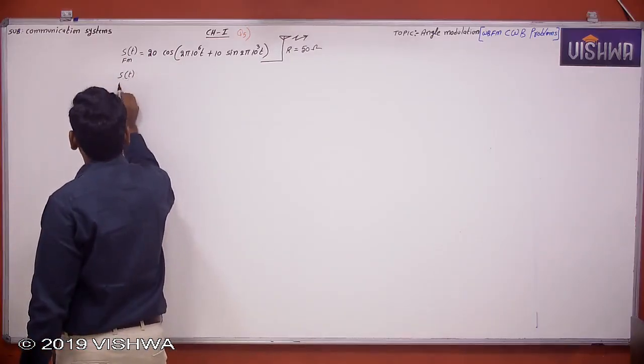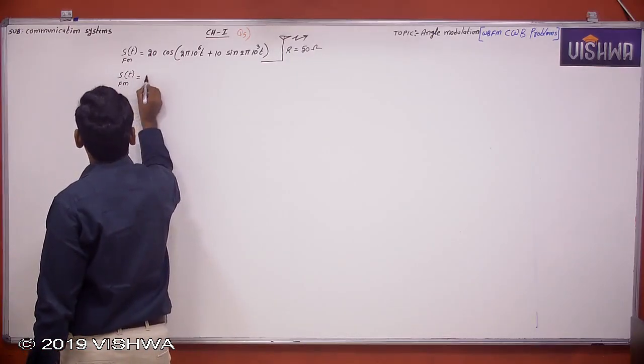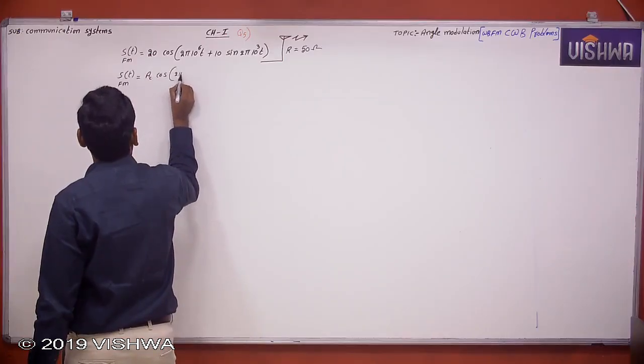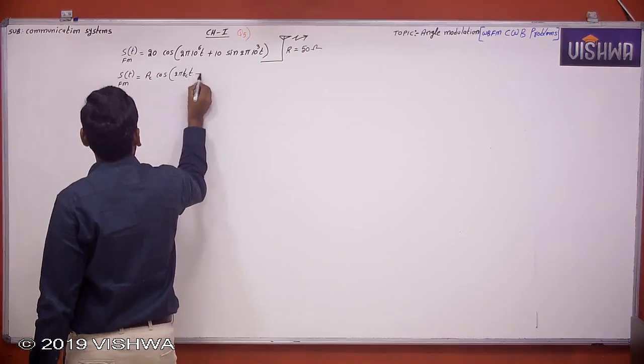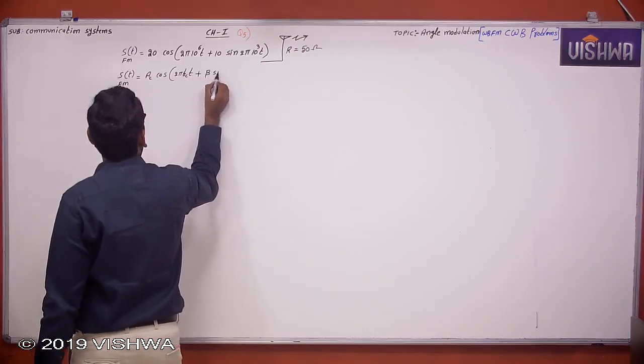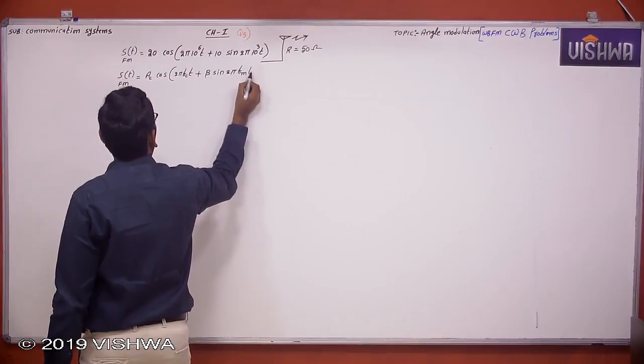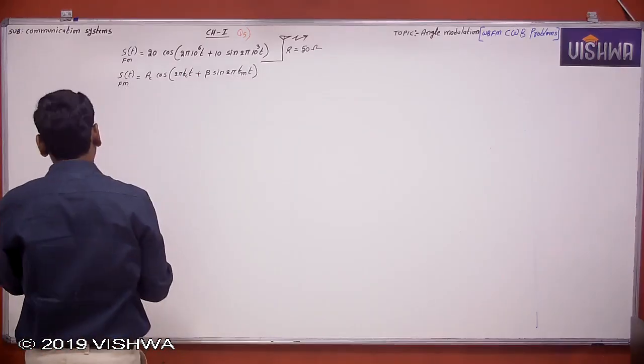Now what is the standard FM signal? An FM signal is equal to Ac cos(2π fc t + β sin(2π fm t)).